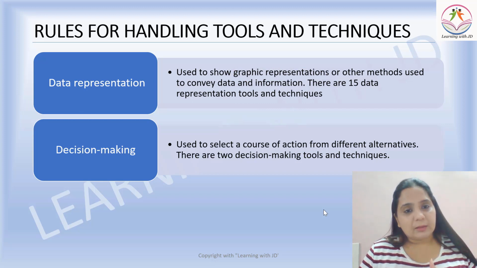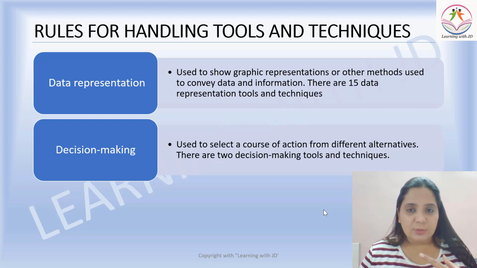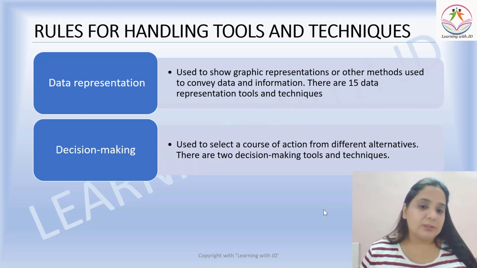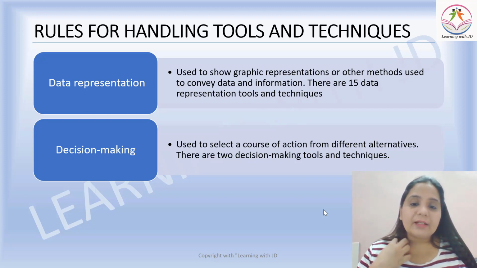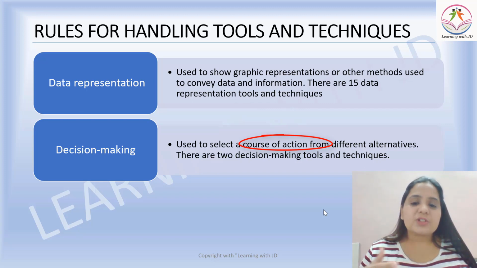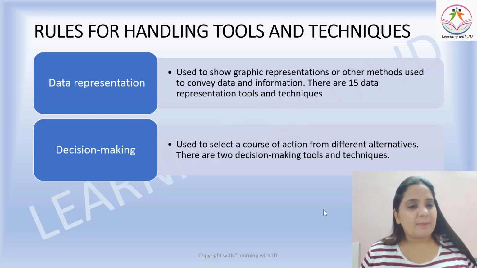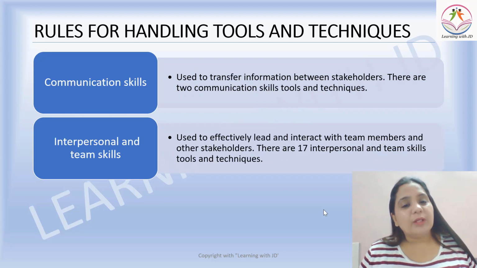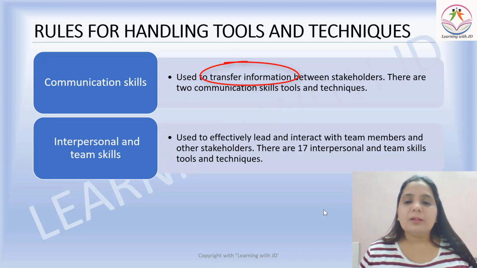Now decision making. You've got the data, you did some analysis, you've done data representation also. You need to do some decision making on that. It is used to select a course of action. You need to take some action from different alternatives. There are 2 decision making tools and techniques. Next is communication skills. It is used to transfer information between stakeholders.